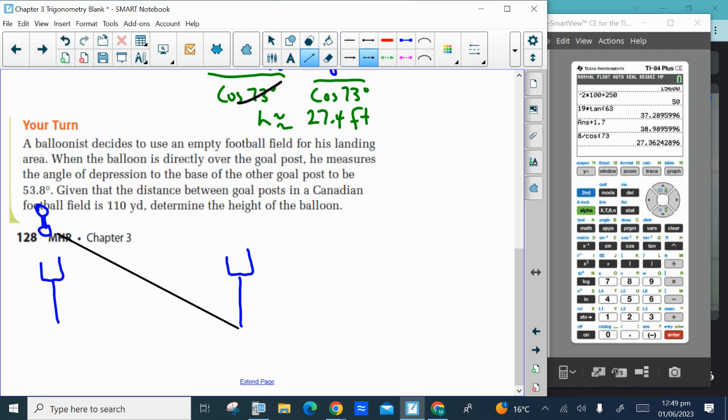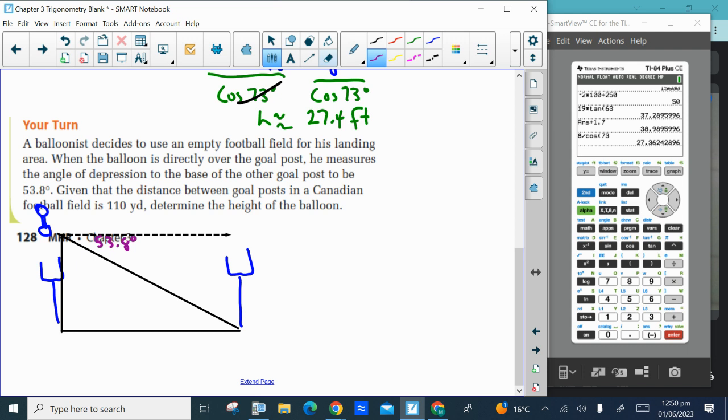And remember, the angle of depression is measured downwards from the horizontal. That angle is outside the triangle, because the triangle that we need to work with is that one there.